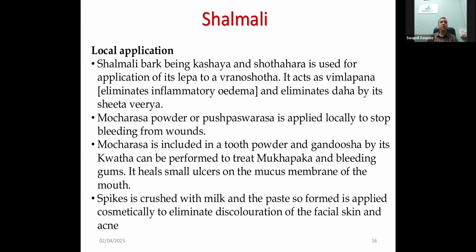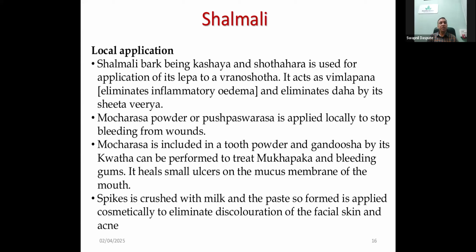So Mocharasa is included in tooth powder and Gandusha by its Kwatha. Kwatha can be used to treat Mukhapaka and bleeding gums. So Gandusha, we know Gandusha, Dharana Gandusha, in Mukhapaka and in bleeding gums.